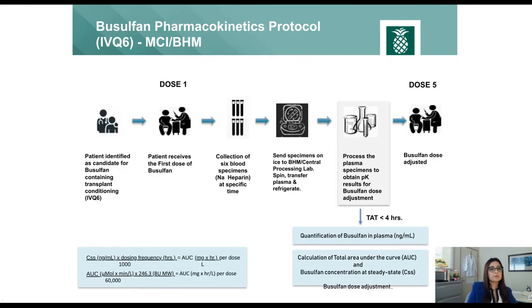The lab performs and reports the Busulfan levels of each plasma sample in nanograms per milliliter. Pharmacy calculates the PK parameters, area under the curve, steady-state concentration, and clearance using PK software to recommend the Busulfan dose that will be used during the rest of the conditioning regimen.